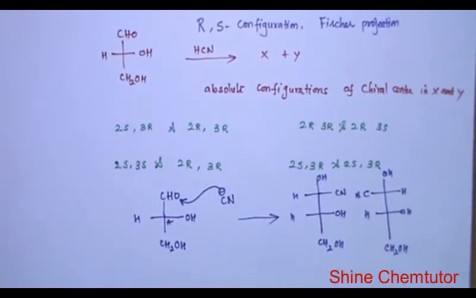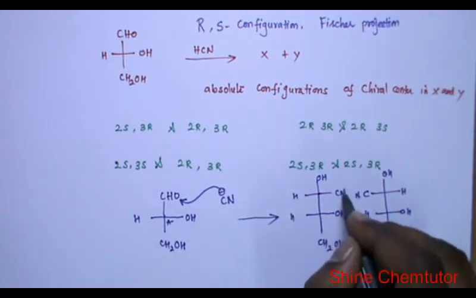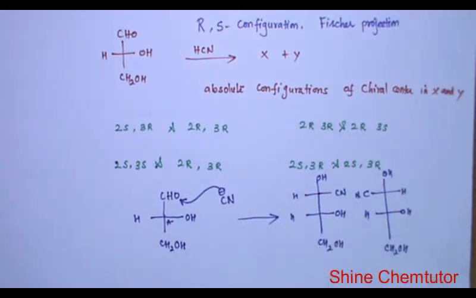In order to solve this, you should know how to give numbering for this molecule, whether the numbering will start from this carbon or from the CN carbon. Second, you should know how to assign RS configuration for Fisher projection.